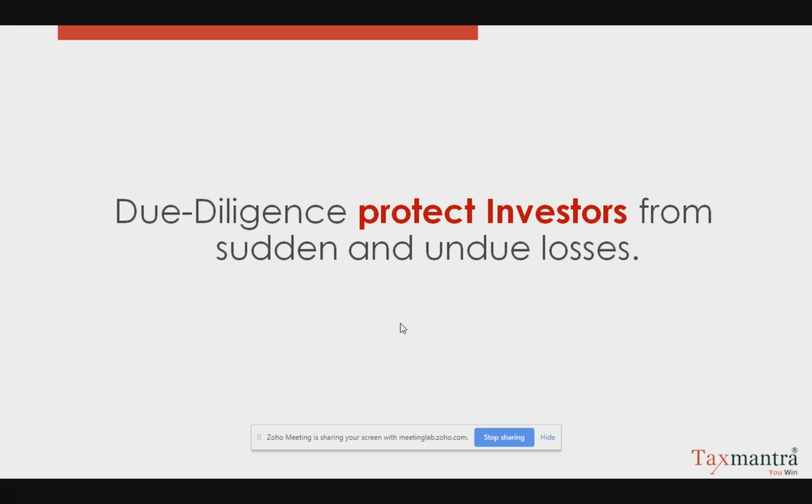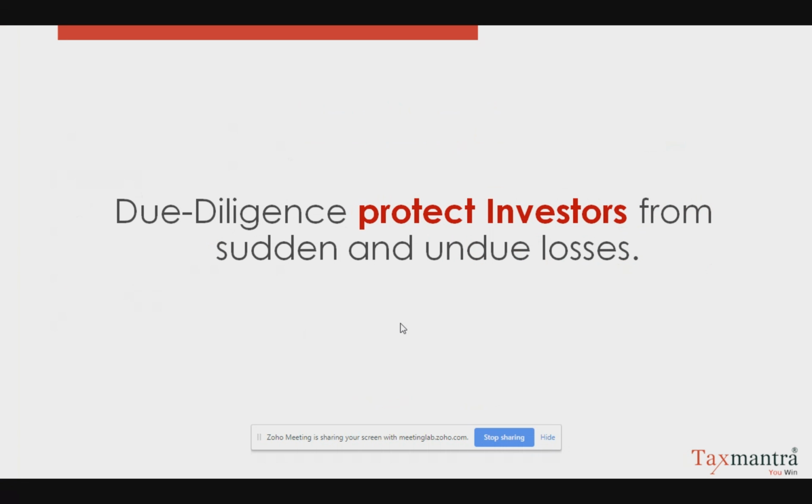After two, three, four years of operations, it might happen that there were some irregularities in the company. Suddenly a regulatory body might send a notice saying there had been some non-compliance, and as a result the company has to pay a penalty. In that case, the investors also suffer, apart from the founders and the promoters.